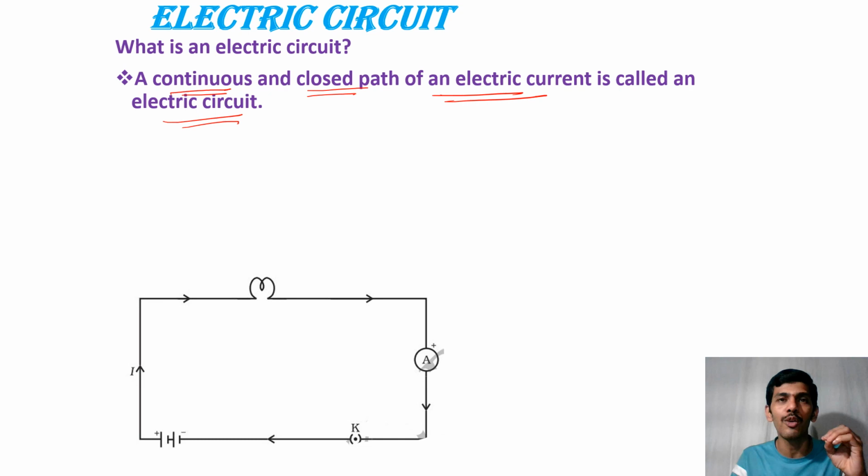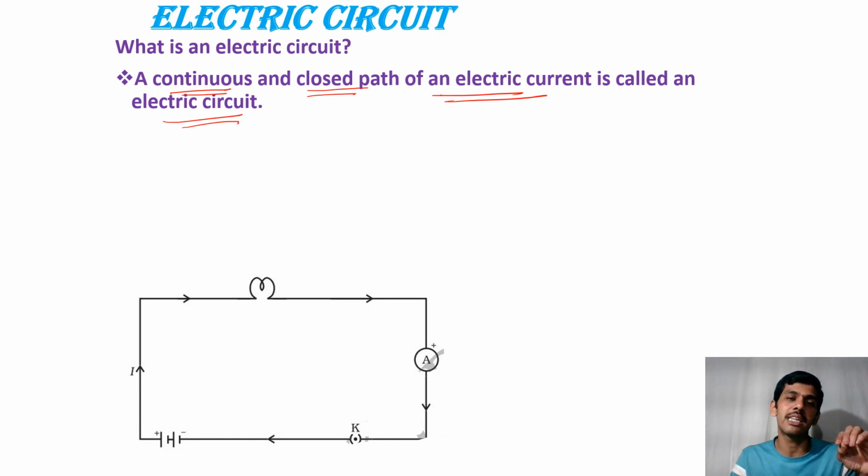What is the meaning of closed path? It should start from the same point and end at the same point. And what is the meaning of continuous? There should not be any breaks in the path. Is there any break in the path? No, it is a continuous path of electric current, the electricity flowing in this.